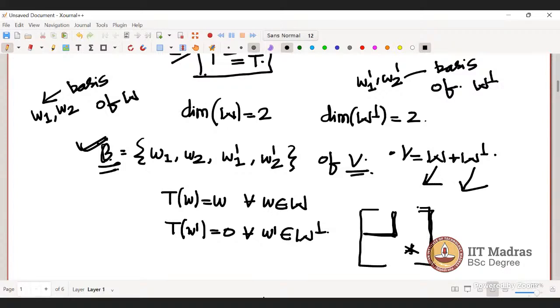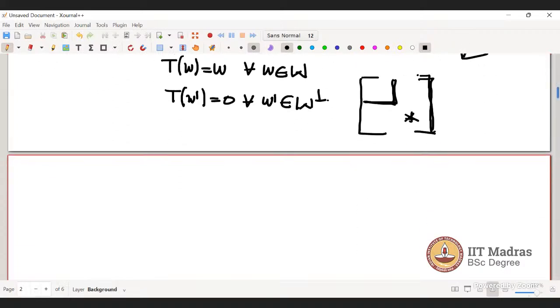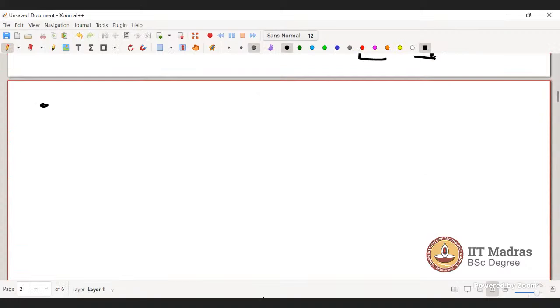So let's take an example. Let's say it's a map from R square to W. So what is my W? W is basically the x-axis.